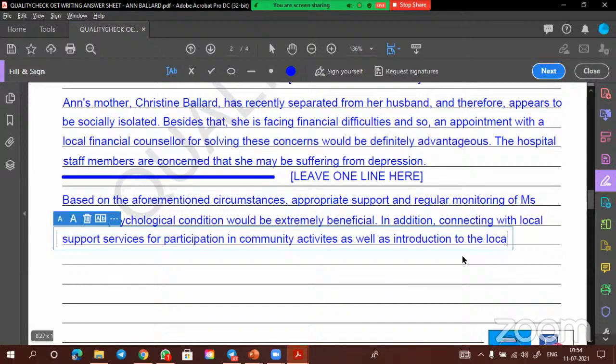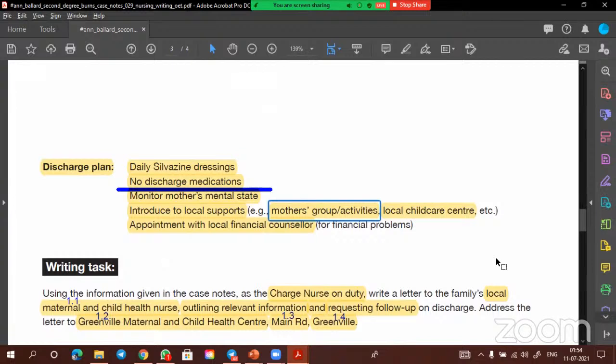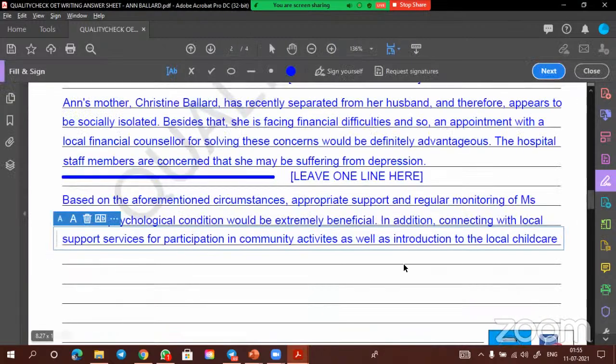Childcare is one word, remember this. Childcare center.